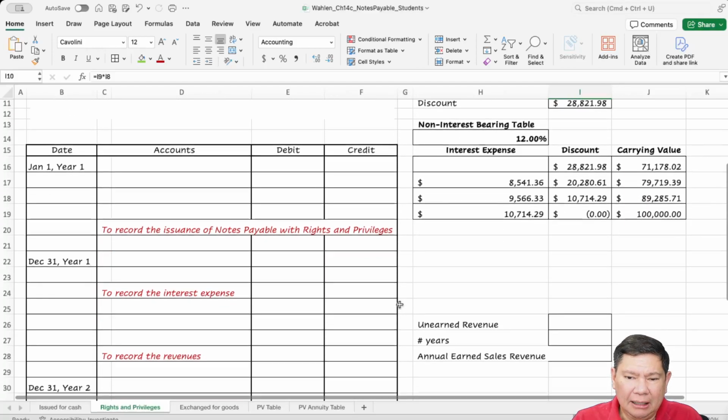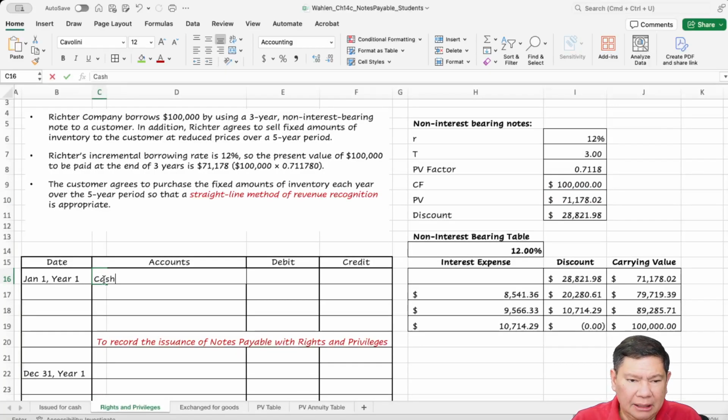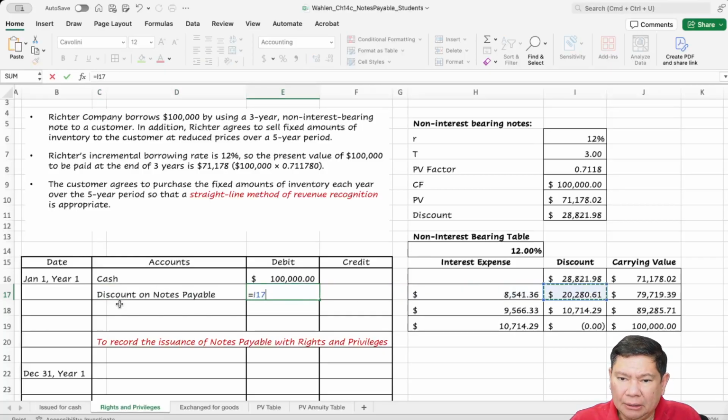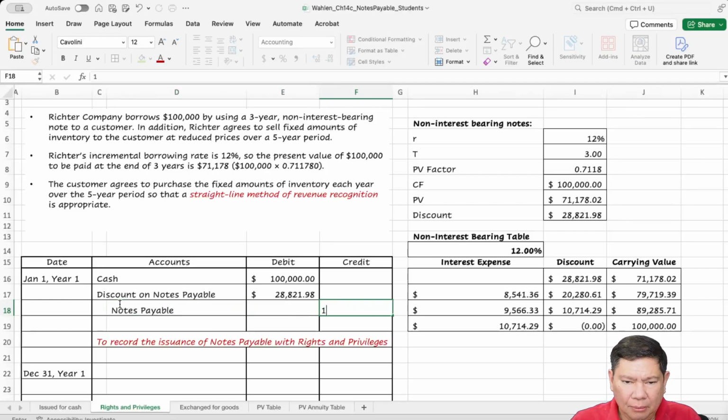So let's take a look at this. Okay, we get $100,000 cash from the notes payable, right? And then we have the discount on notes payable, which is the 28,821.98. The notes payable itself is $100,000, the face value.